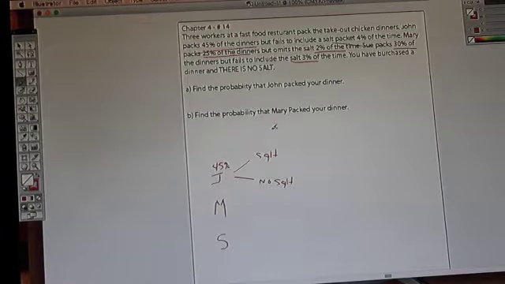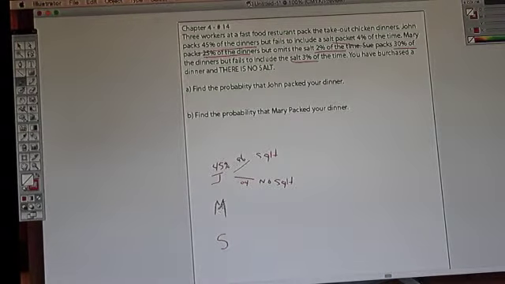Based off the problem, we know that he fails to include salt 4% of the time. So we're going to put down here 0.04. On the top line, if we subtract 0.04 from the full 100%, we get 0.96.